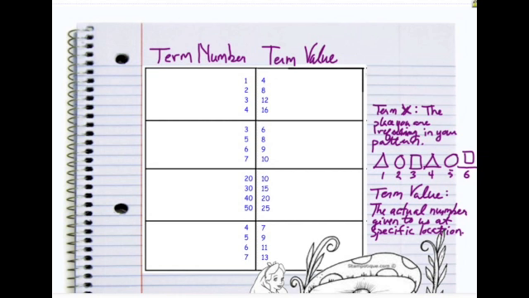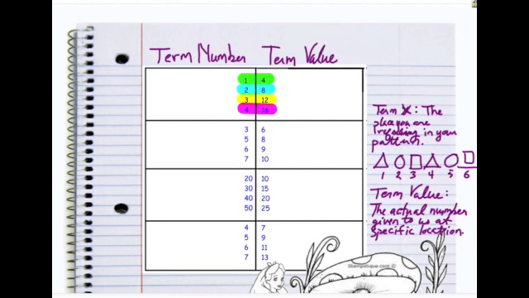So our first example has a term number of 1, 2, 3, and 4, and a term value of 4, 8, 12, and 16. It's important for us to think about term numbers and term values as pairs. So the 1 and the 4 are paired together, the 2 and the 8, the 3 and the 12, and the 4 and the 16.